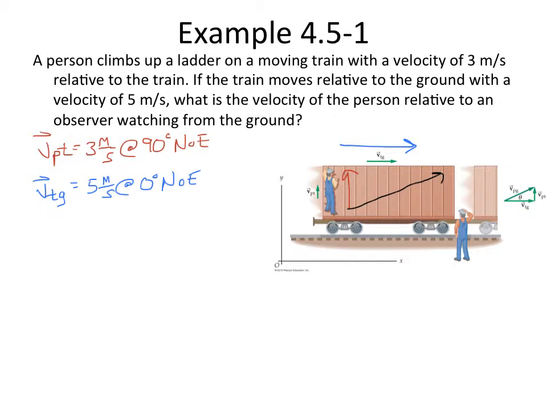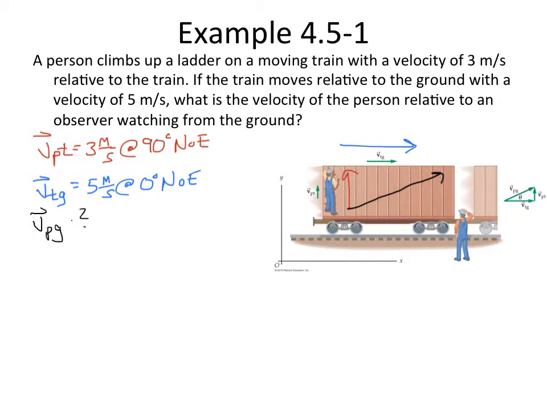So if we want to find out what the person on the ground is viewing, what's the person on the ground seeing? Somebody from the point of view of the ground. Well, we want to find the velocity of the person with respect to the ground. That's what we want to find out. It's a question mark right there, not a 2.